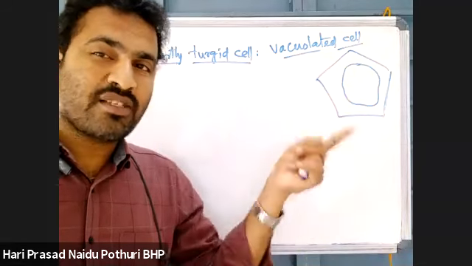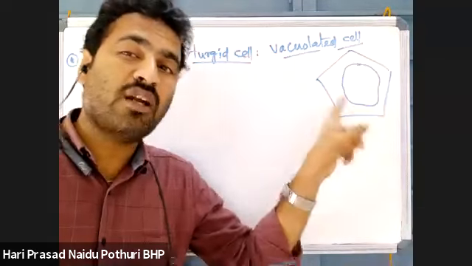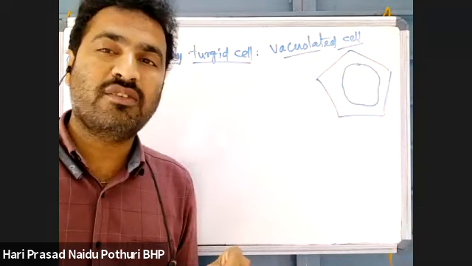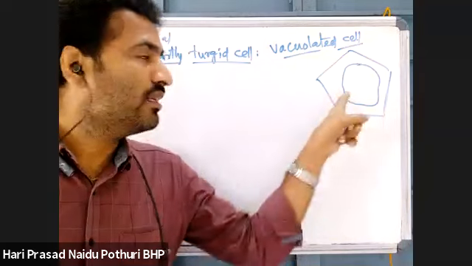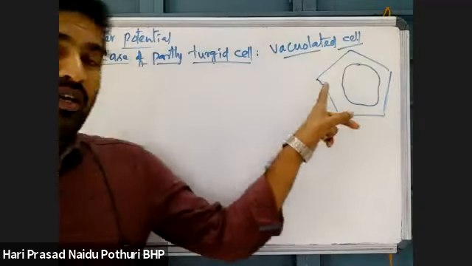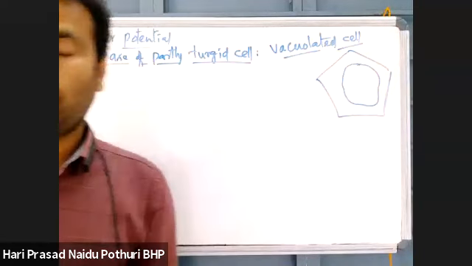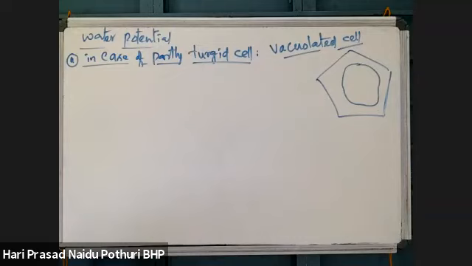Not filled means then pressure potential will be full. If the cell is empty, there is no water, then pressure potential will be full. But here solute concentration is more, so water is present in average amount, so pressure potential is not full. Sorry, pressure potential is always positive but not full.